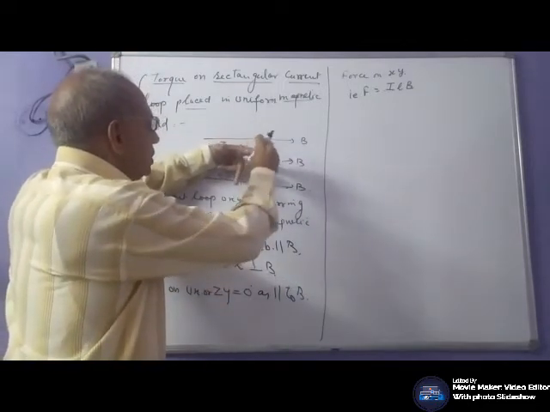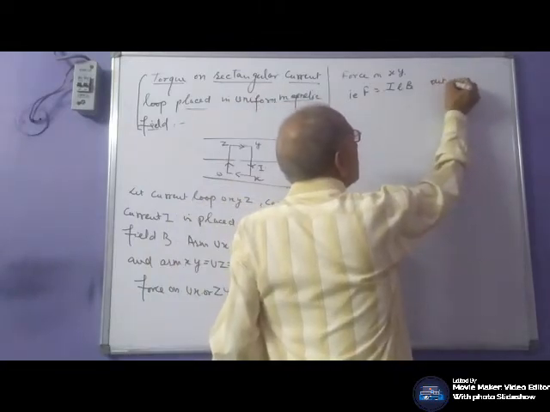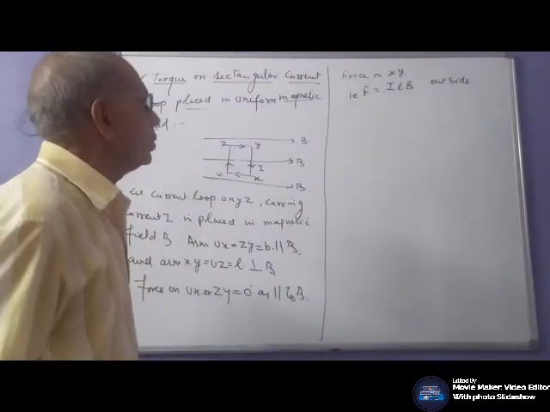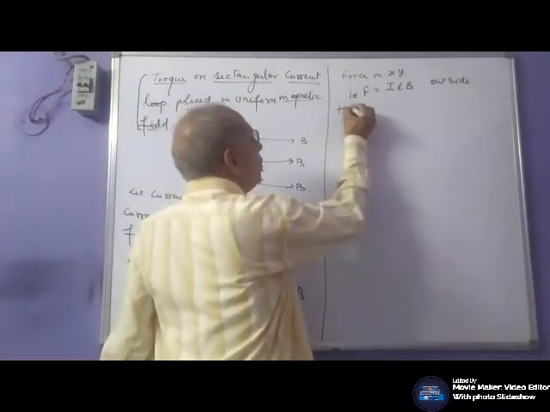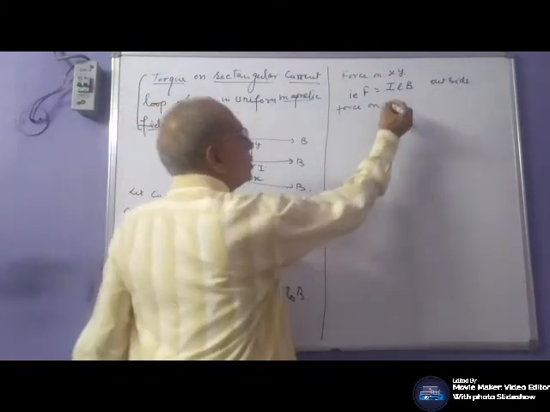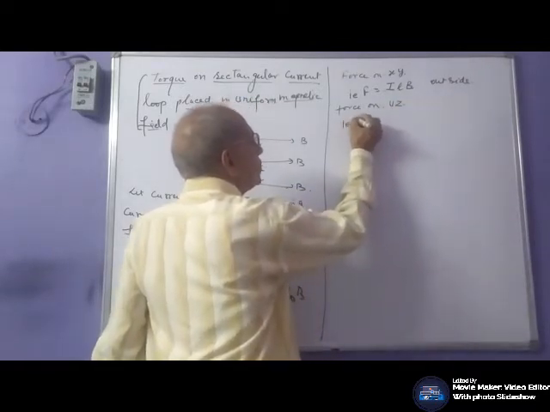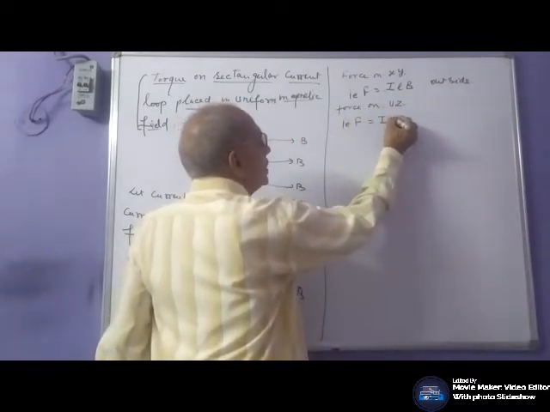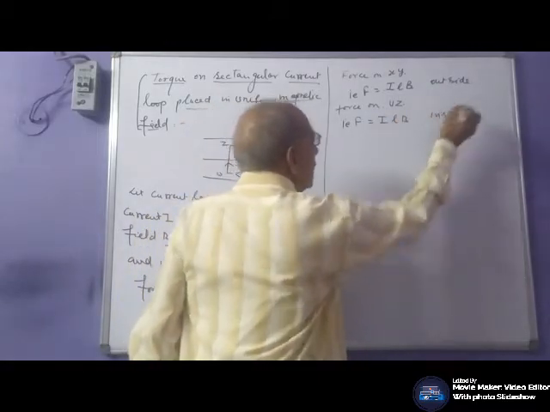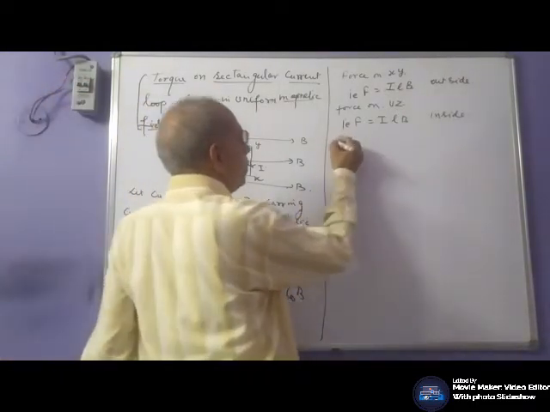Direction of current, this is B, this force is outside, by Fleming's left hand rule. Force on UZ, that is F, again it is ILB, inside. Why? Fleming's left hand rule.